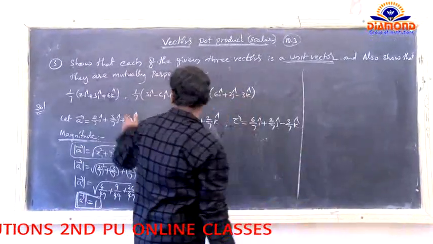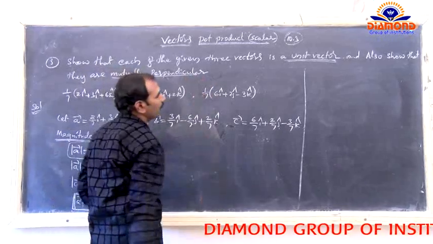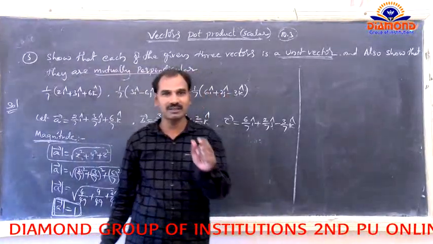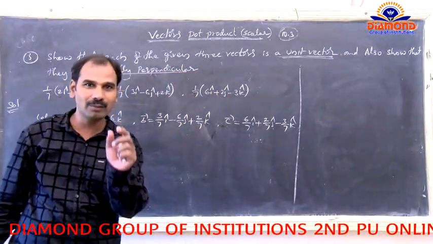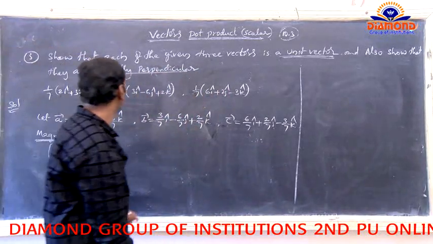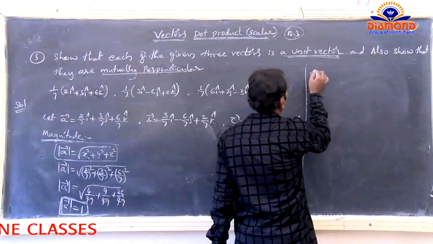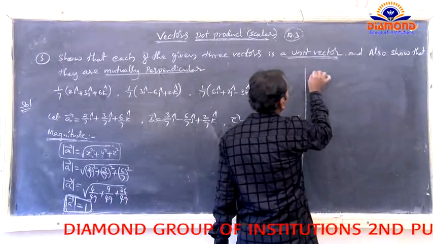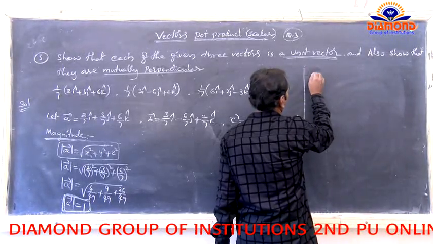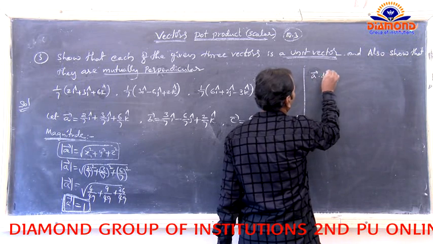Next, what about mutually perpendicular? Mutually perpendicular means the dot product a vector dot b vector equals 0. Now we take a vector dot b vector.